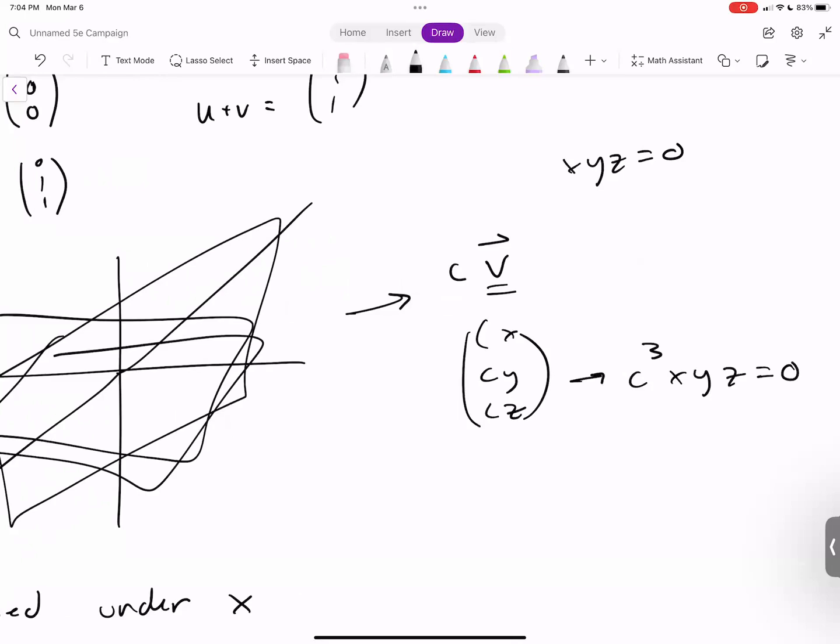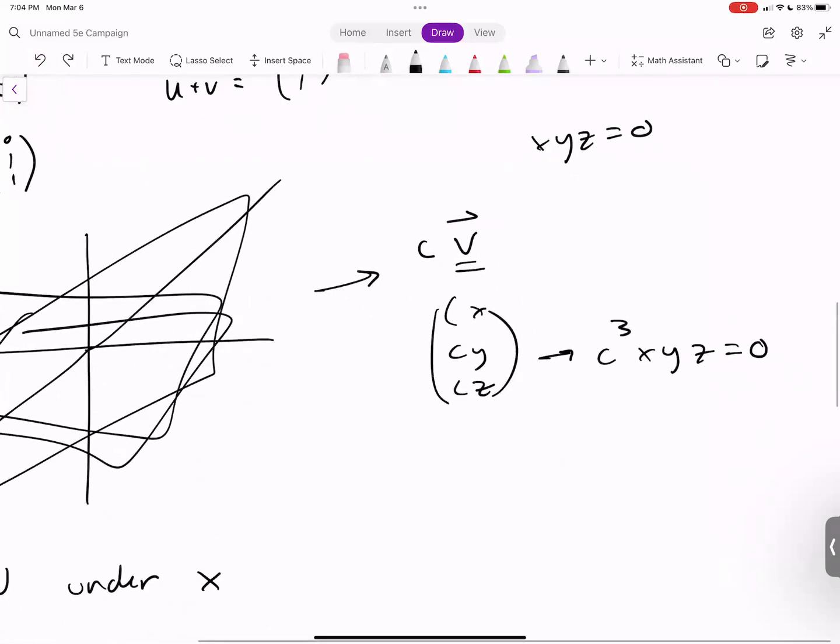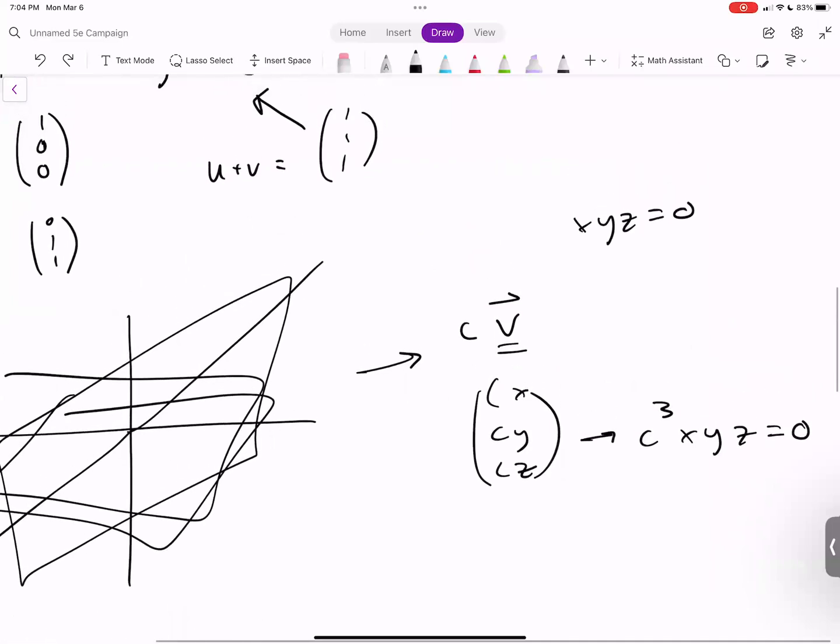Does it matter what C is for this? Given that X, Y, Z is equal to 0? No, right? That's why we pick our vectors for closed-ended multiplication and addition such that we start with things that are true, okay? So in this case, this is 0, so whatever C is, it's never not going to be 0. Does that make sense?